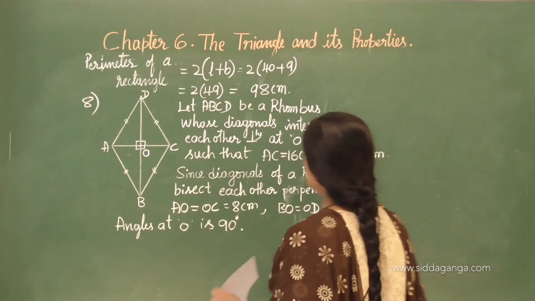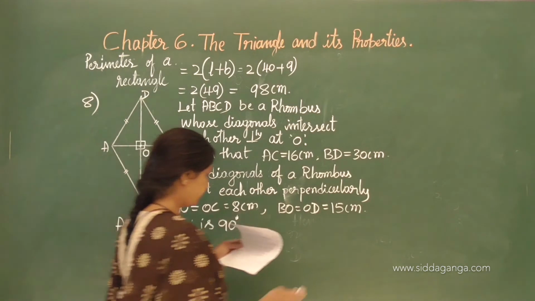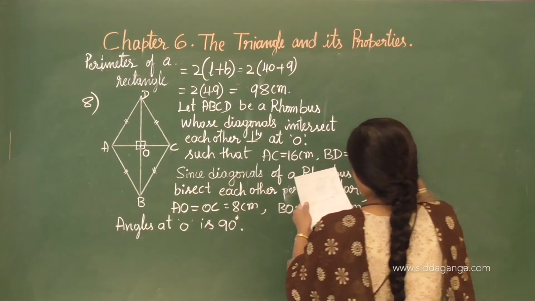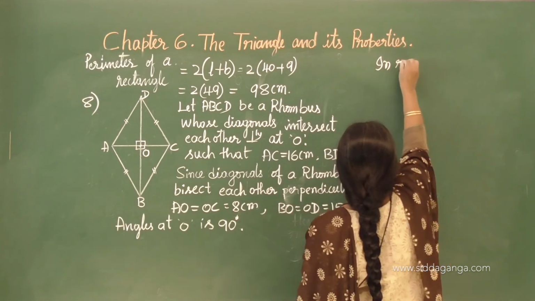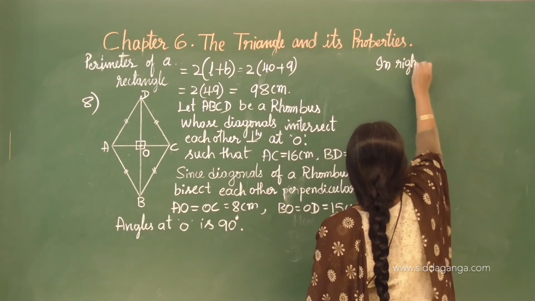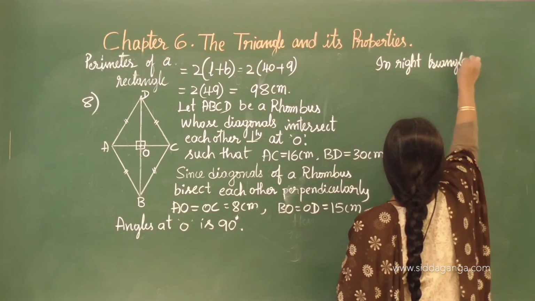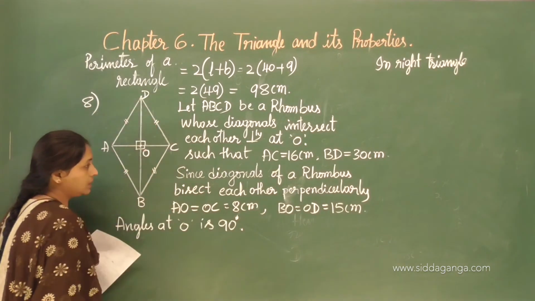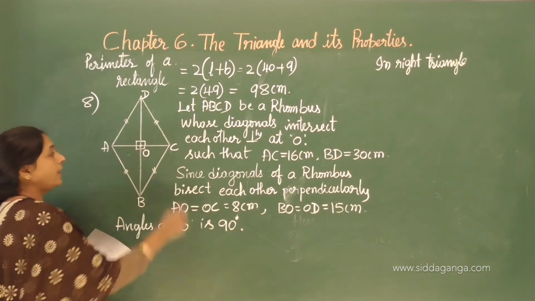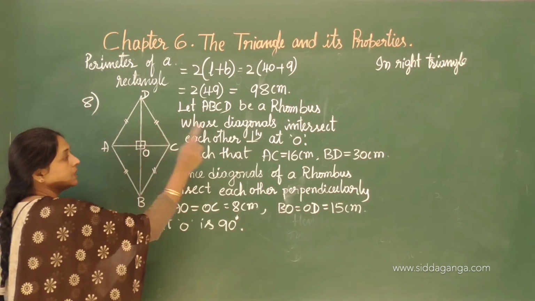Consider all these as right angled triangles. In a right angle triangle, which is the right triangle that we can consider? To find the perimeter, first we have to find the side of the rhombus, since all the sides of a rhombus are equal.